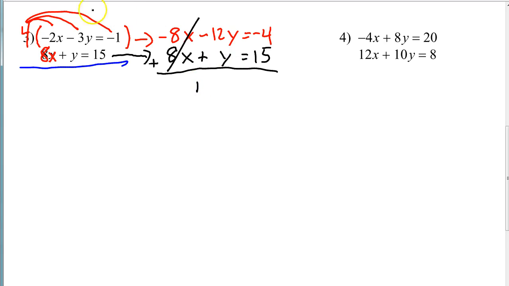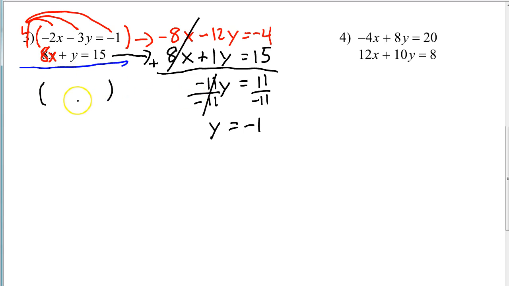And so we'll have negative 12 plus 1, and negative 4 plus 15. That equals 1. So we have y equals negative 1. And that's the beginning of our answer.